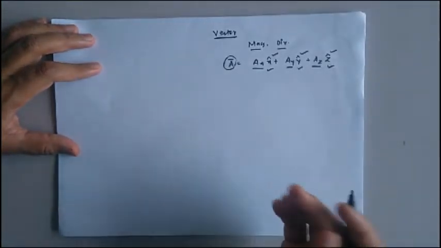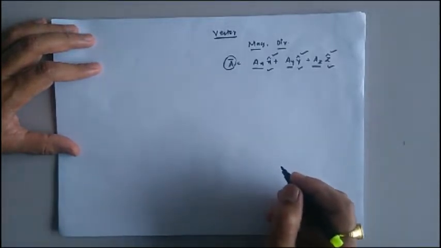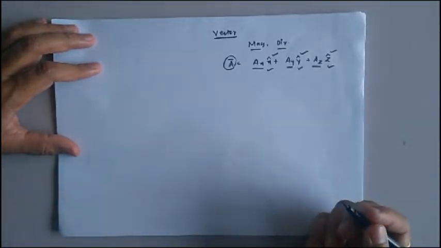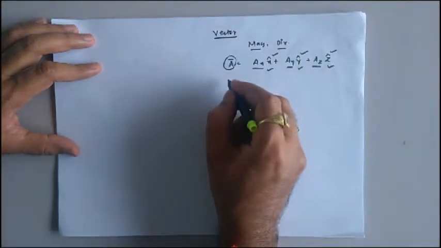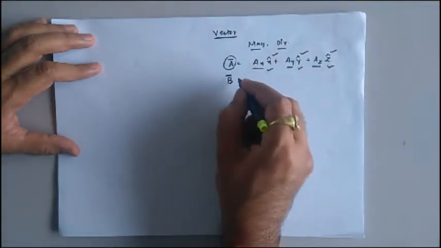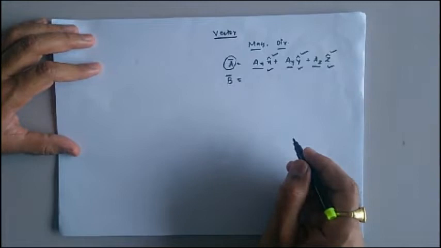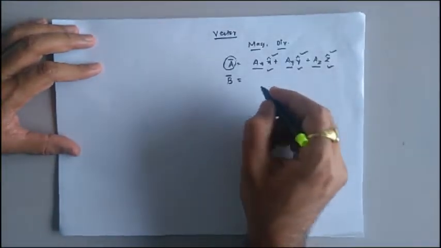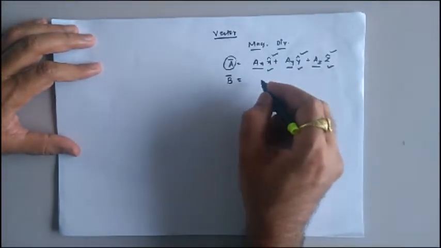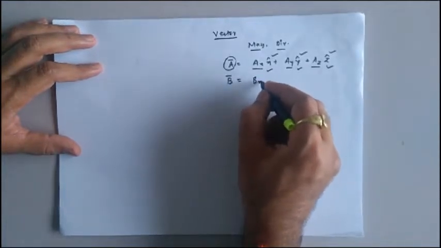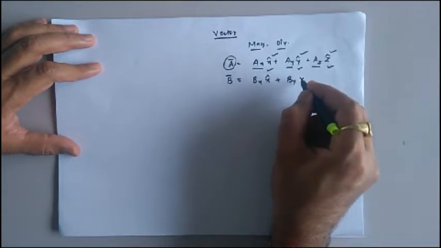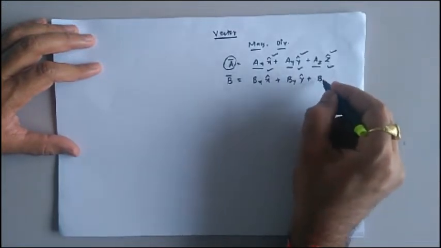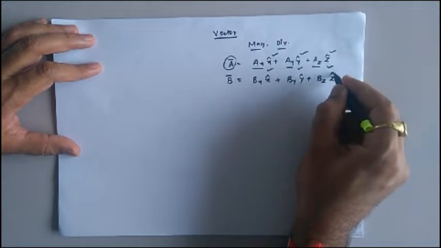Now, how to identify the equality between two vectors? For example, let us consider another vector B bar, which is given by bx into x cap plus by into y cap plus bz into z cap.